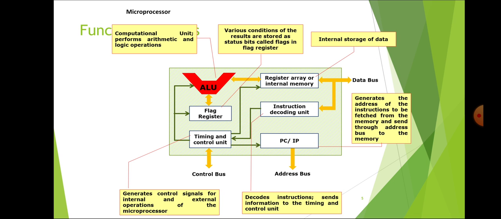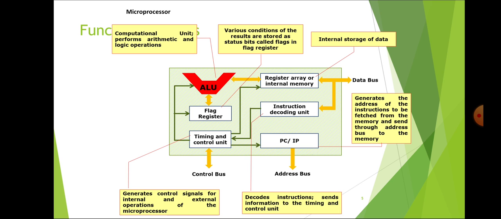So we are done with the basic blocks of our block diagram, or you can say the general architecture. Now there are different buses, you can see the address bus, control bus and data bus.